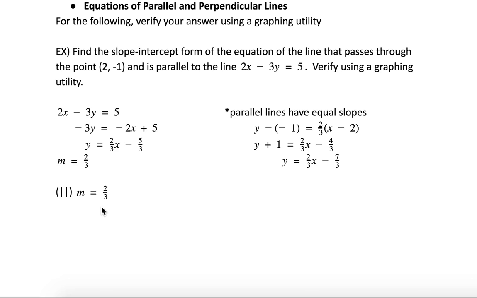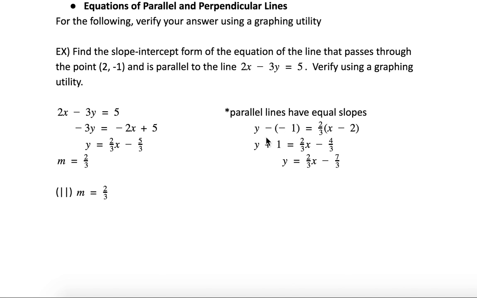So now we have the information we need to write the equation of our second line because we have a slope and we have a point that is on the line. If we have a point and a slope, we can start by writing point-slope form. So we're going to write y minus the y-coordinate of our point, y minus -1, equals our slope of 2/3 times the quantity x minus the x-coordinate, so x minus 2.